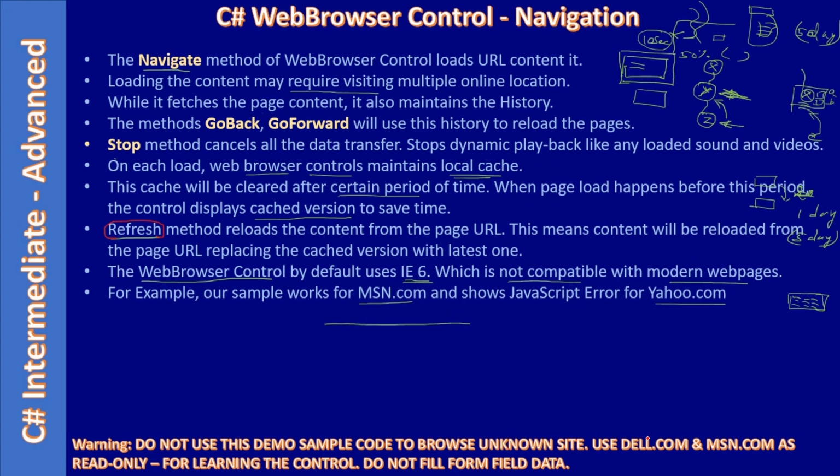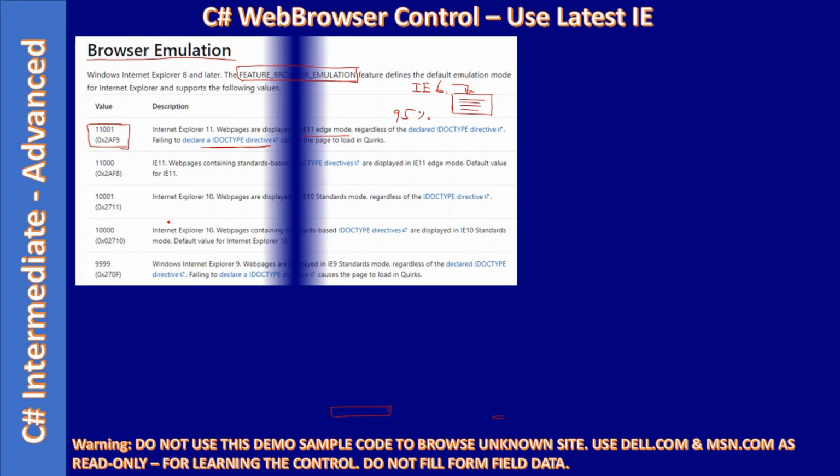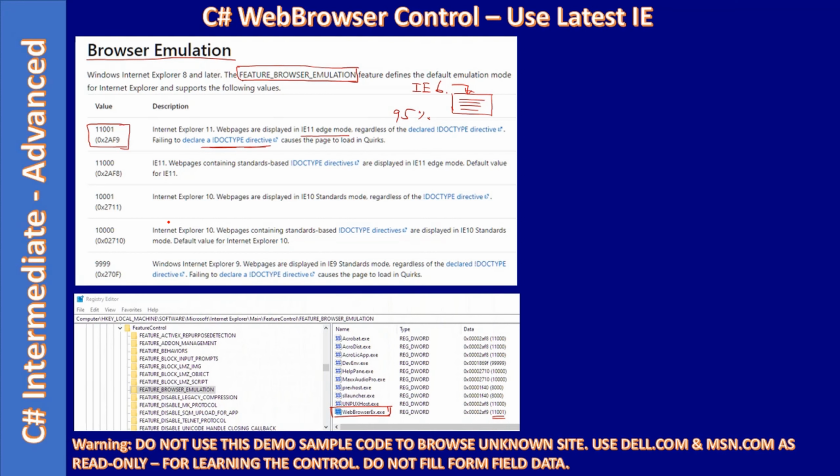There are some important methods: navigate, go back, go forward, stop, and refresh. We implemented these methods in our web browser control. Then we avoided the JavaScript error by emulating the Edge browser with the C# web browser control.